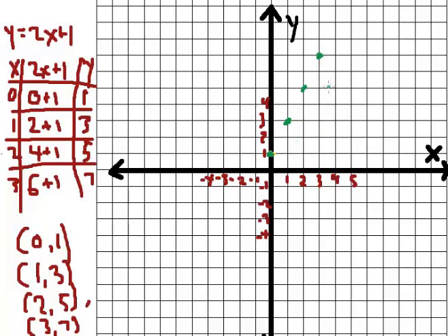Now, one thing you absolutely have to make sure is that it's a straight line. If it's not a straight line, it means you did something wrong. It has to be a straight line. And so once you've finished plotting your points, now you can graph it. Now you can get out a straight edge, a ruler, get out something like that.